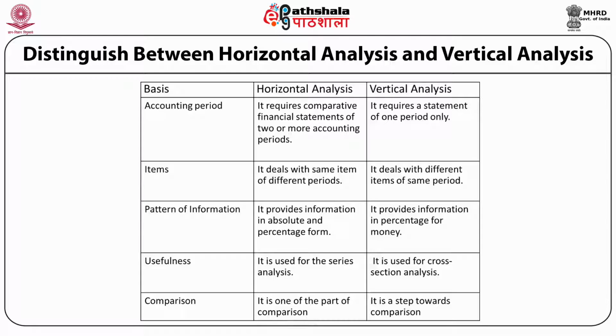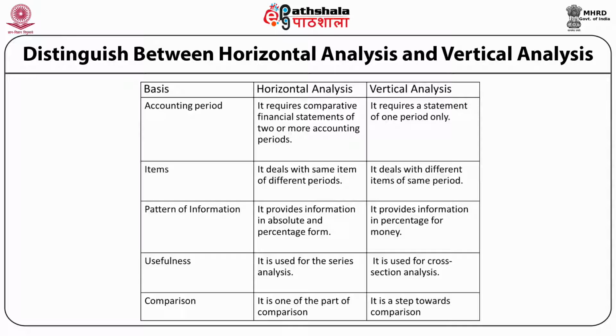Third point of differentiation, pattern of information. Horizontal analysis provides information in absolute and percentage forms. Vertical analysis provides information in percentage form only. Next point, on the basis of usefulness.